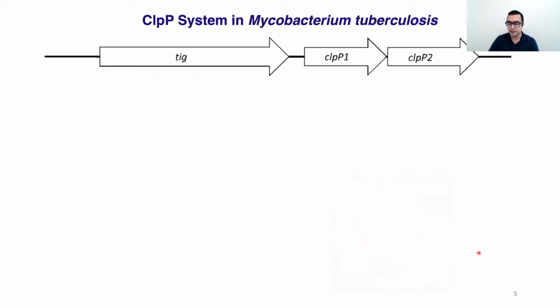Now, ClpP in mycobacteria is somewhat unique in that it's encoded by two genes, ClpP1 and ClpP2. Most organisms, including human, have a single ClpP gene. So we went right ahead and expressed these in E. coli. You get a fair bit of lovely protein to work with, high yield, relatively well behaved.